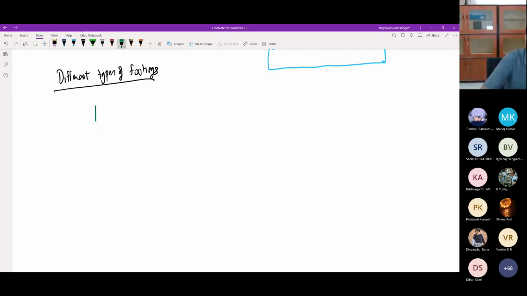So if I have a footing, this is a column, and I'm putting the footing like this. What is the name of this type of footing? Probably if I write in plan, it will look like this. So this is the footing, and this is the column.